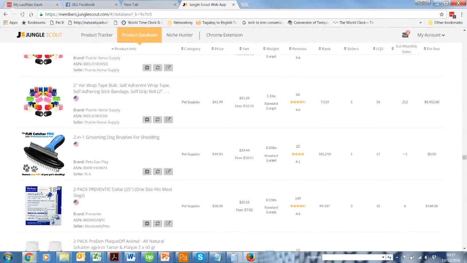Now, we know someone in the group that's got a brush product. And they've done okay to start with. They're selling quite a few, but the cost of the keywords was absolutely killing them. They were making revenue, but they weren't making any profit, simply because the cost of the pay per click was too high per bid. So that's a good example of a saturated niche where everybody's trying to bid for the same keywords.